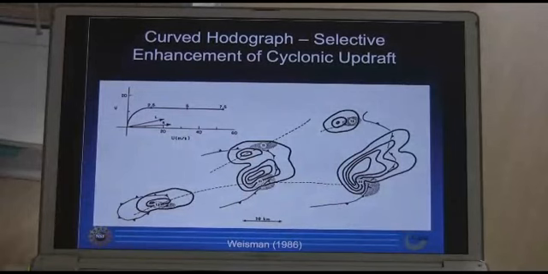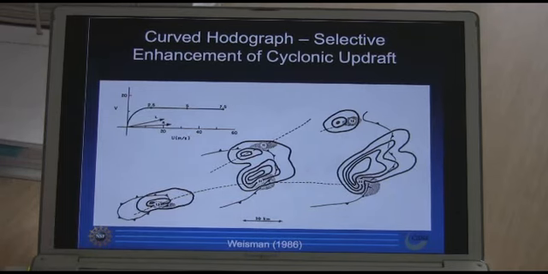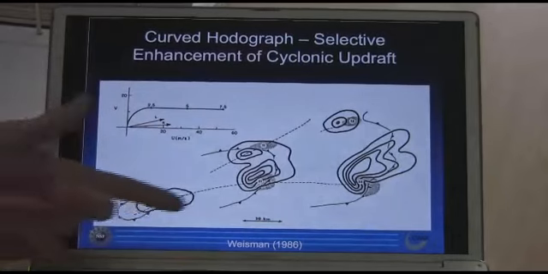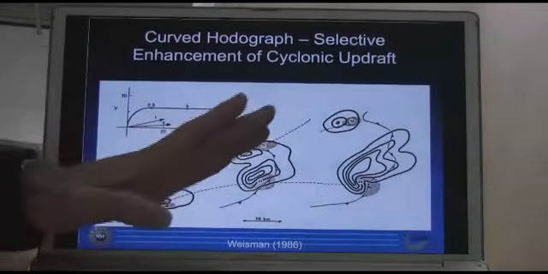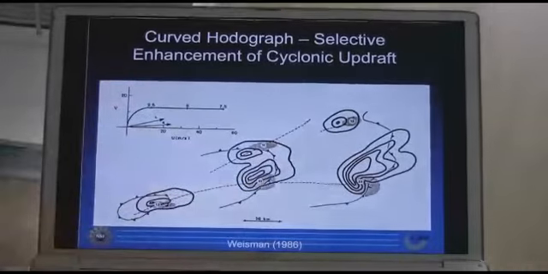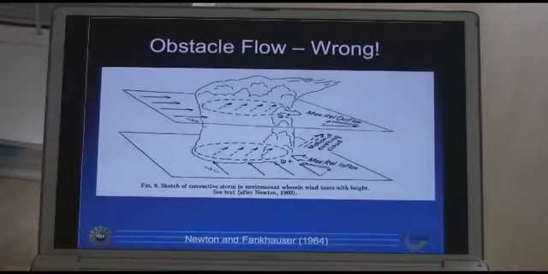So the point is, why in the world is that happening? What is causing the left mover to preferentially die off? And the right mover, notice how the storm here is turning to the right. The mean wind is like this. It's turning to the right and it's slowing down. And it's also developing a very, very strongly rotating updraft. Why is that happening?